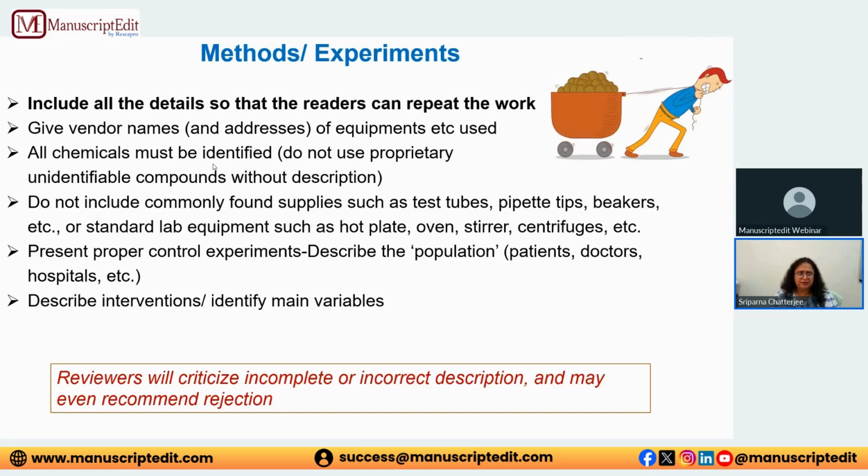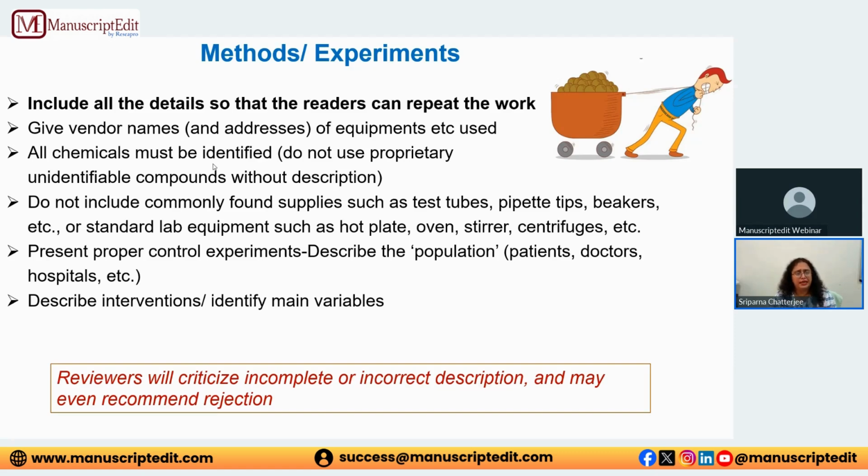Now, for the experimental section, you have to include all details so that the readers can repeat the work. Repeatability is very, very important. You should mention the company from where the instruments are procured, the chemicals, the purity of the chemicals, and the company of the chemicals, along with some very minor details.